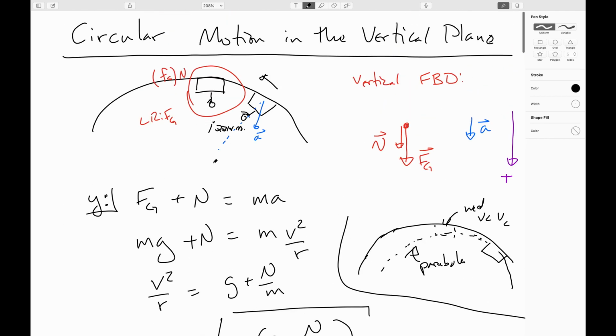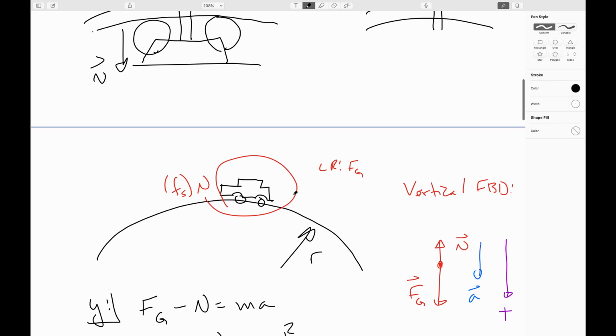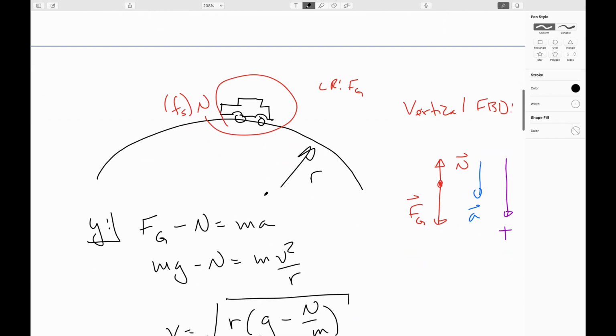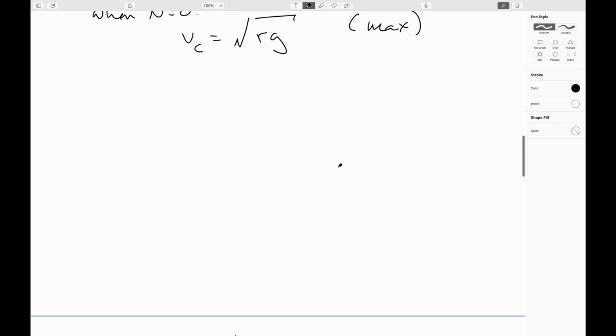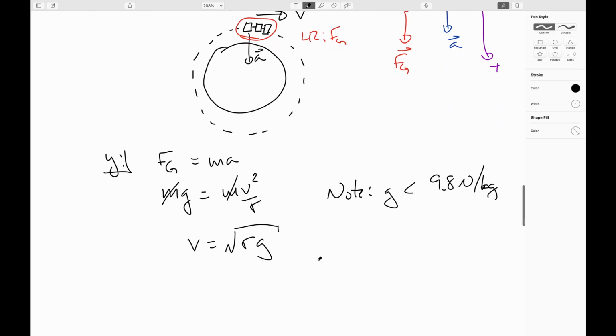So here, the speed had to be at least root rg. Here, it had to be at most root rg, or else you're going to go flying off the hill. So here, where there is no normal force, it has to be where those two conditions meet. At least root rg and at most root rg meet at root rg.